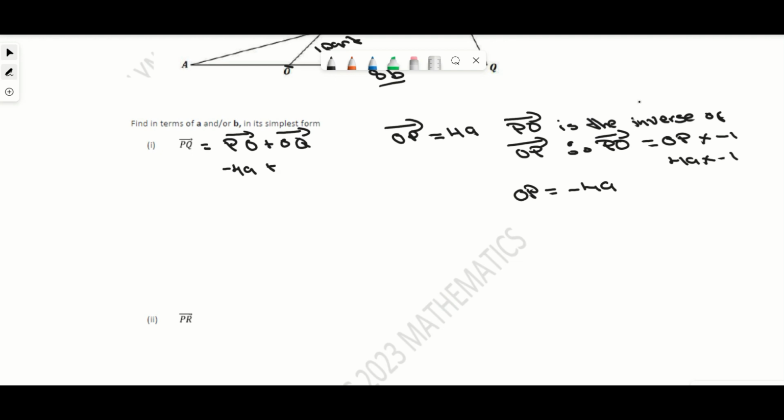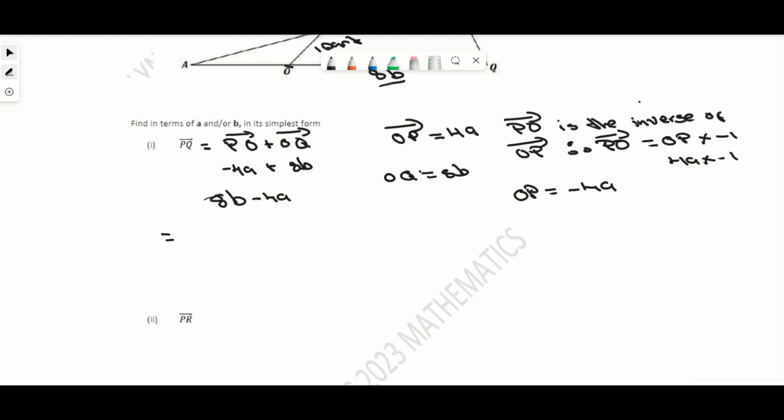Plus OQ. They already told us that OQ is equal to 8B. Now they said in the simplest form, so this is the answer, -4A plus 8B. Let's rearrange it: 8B minus 4A. This is not the simplest form because 8 and 4 have something in common, so we'll factorize it.